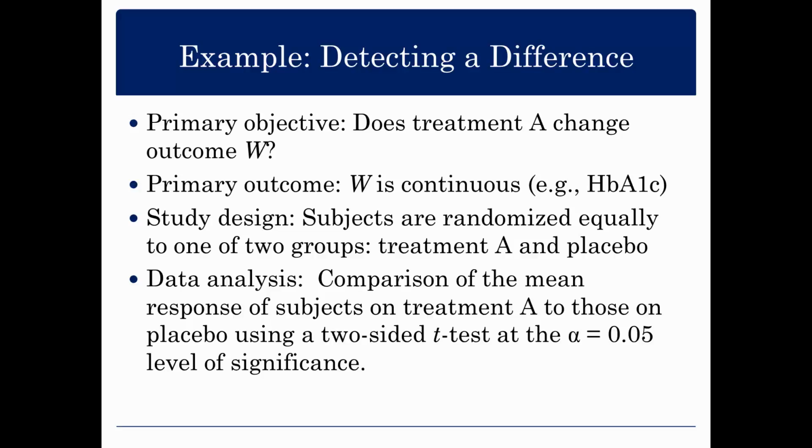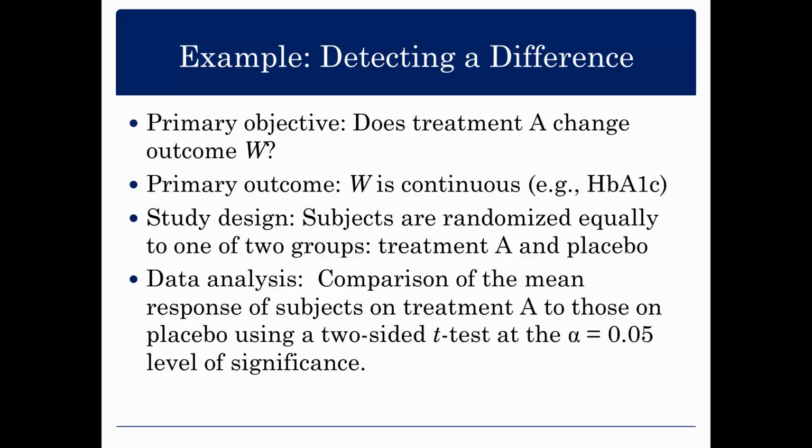And we have one treatment that's designed to lower HbA1c better than another treatment that already exists. So we have two groups. One is a control. I have placebo here. We'll stick with placebo. One is placebo, which should not induce any change, and one is an actual active treatment. We'll call treatment A. Our data analysis will result in the comparison of the mean response of subjects on treatment A to those who use the placebo.